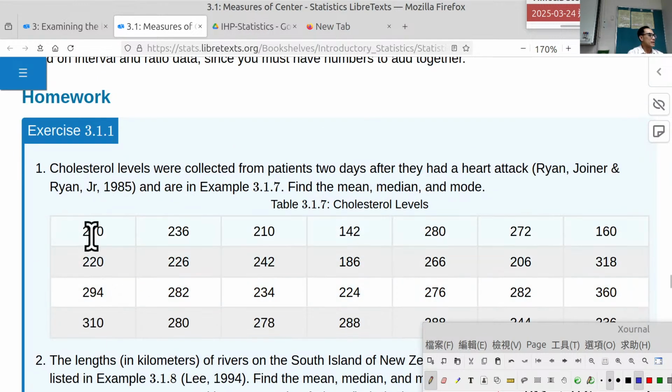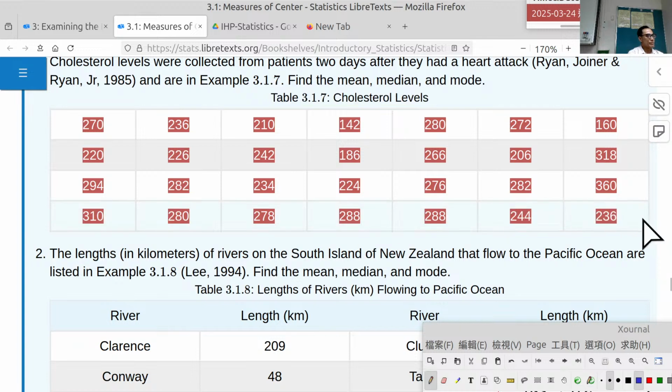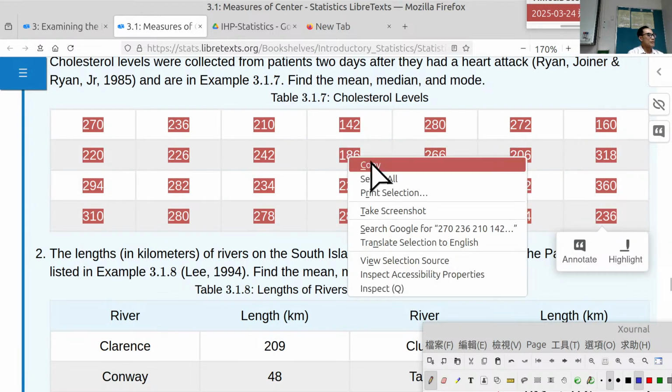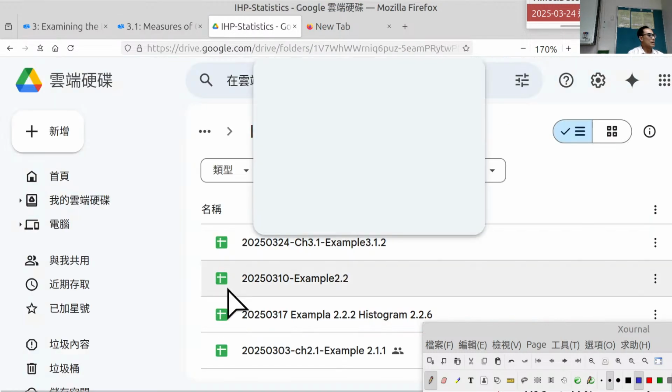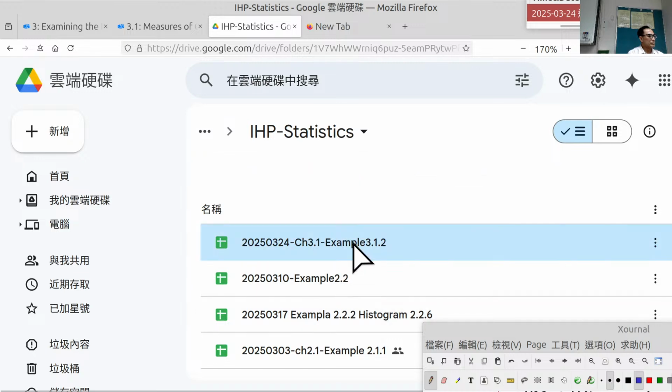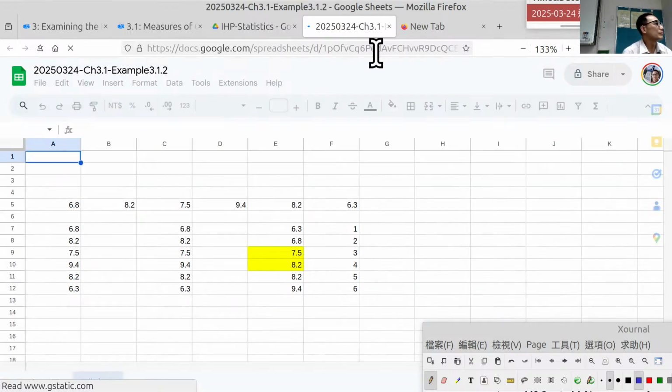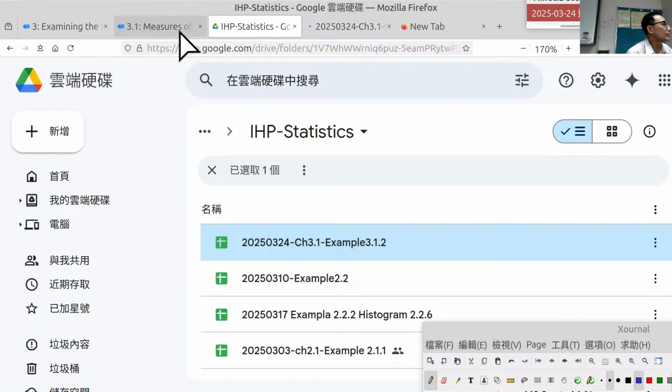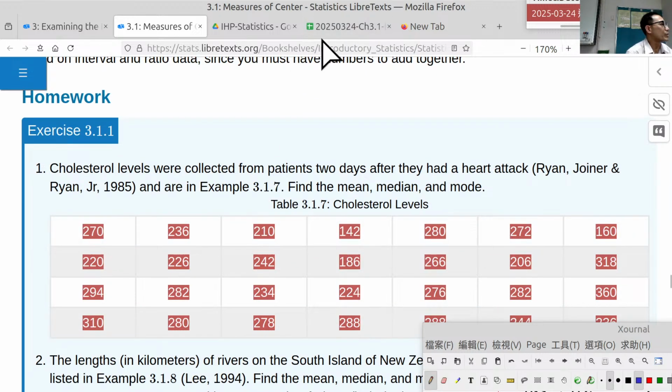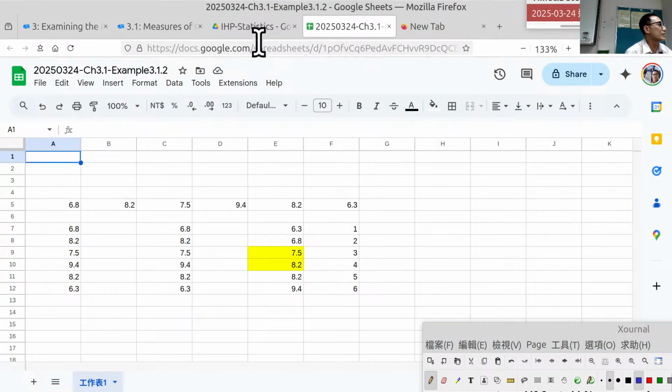First of all, copy the homework 3.1 exercise.